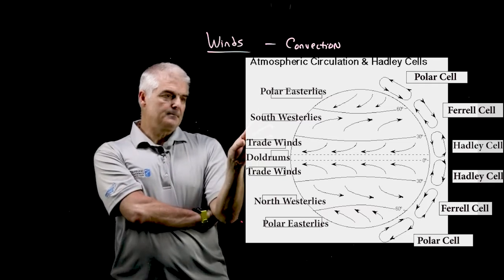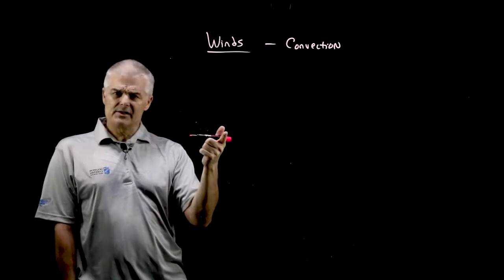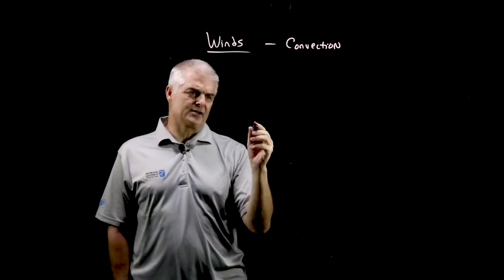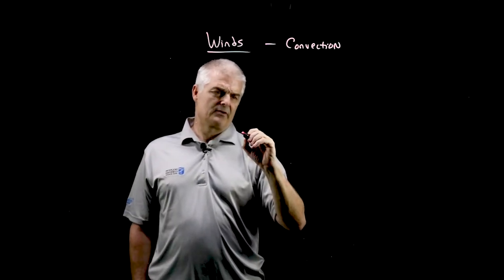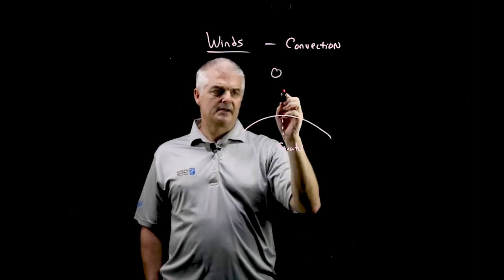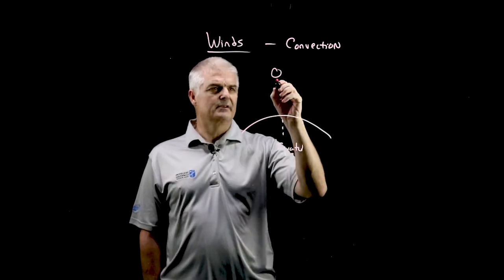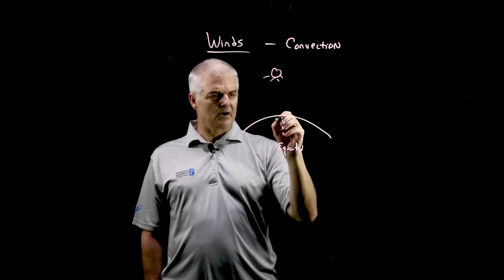But why this pattern? Well, let's draw a sketch. All right, I'm going to try and draw the Earth now from the equator, where this is the equator. And the sun comes down, and the hottest part, remember we talked about solar density in an earlier video, the hot part is the equator.